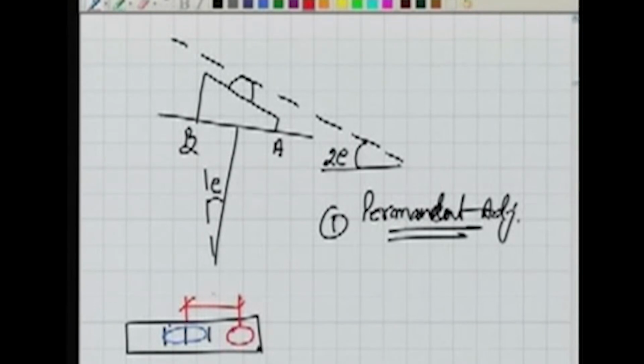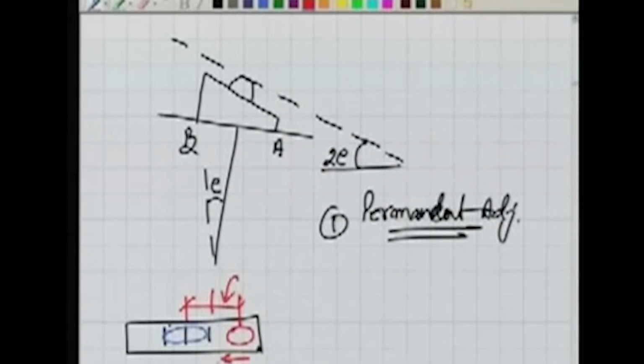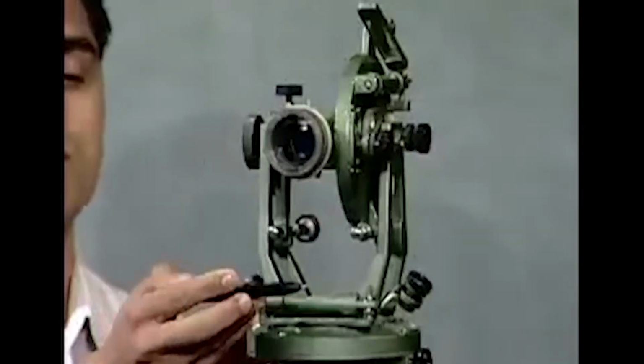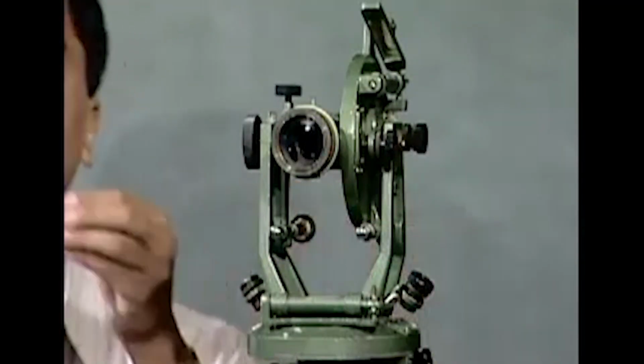What we do, half of the shift of the bubble, so we bring this bubble half here using foot screw, and then further half we bring it here using the capstan screw. So we use this capstan screw, we can change it. So what we are basically doing, we can raise or lower the plate bubble tube.